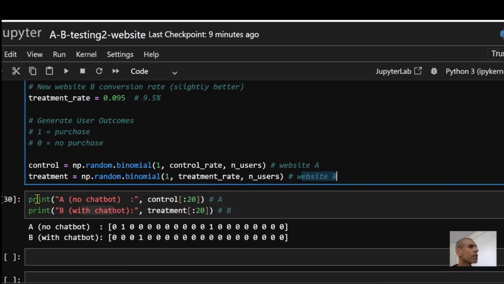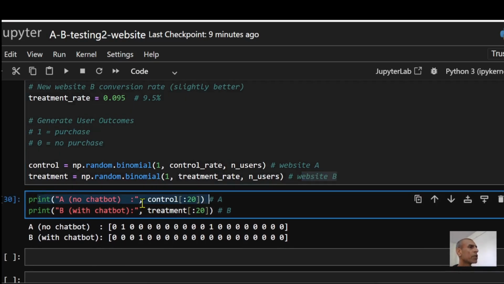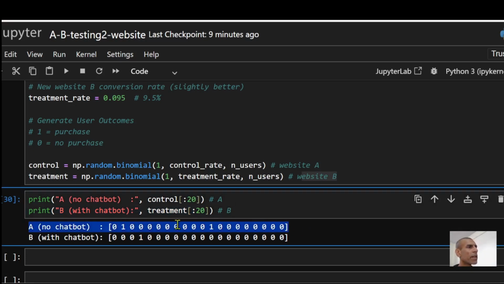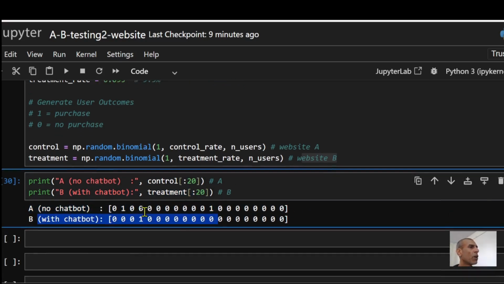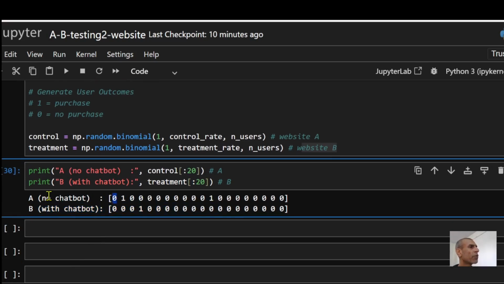So I print out the data right here. Without the chatbot, that's my A website, and website B, the one with the chatbot. So you can see that for A, this is my data, and for B, this is my data. What this 0 means right here for A, if a user comes over to website A without the chatbot, this user did not buy the product.